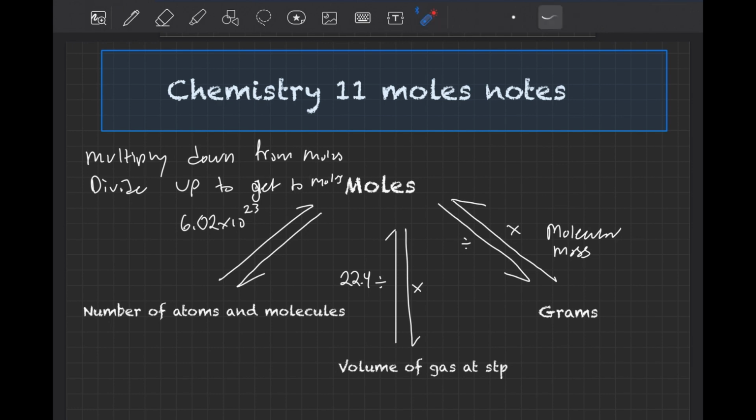So what do I mean by that? Let's say we're at moles and we're trying to get to number of atoms or molecules. We are going to multiply our way down. So we're going to multiply by Avogadro's number.